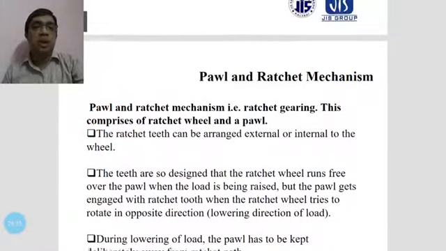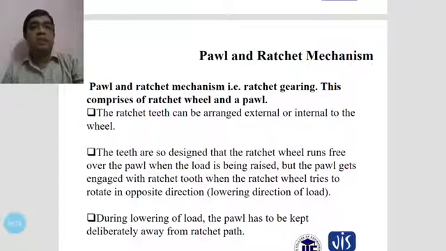In this pawl and ratchet mechanism, that is the ratchet gearing, this comprises a ratchet wheel and a pawl.